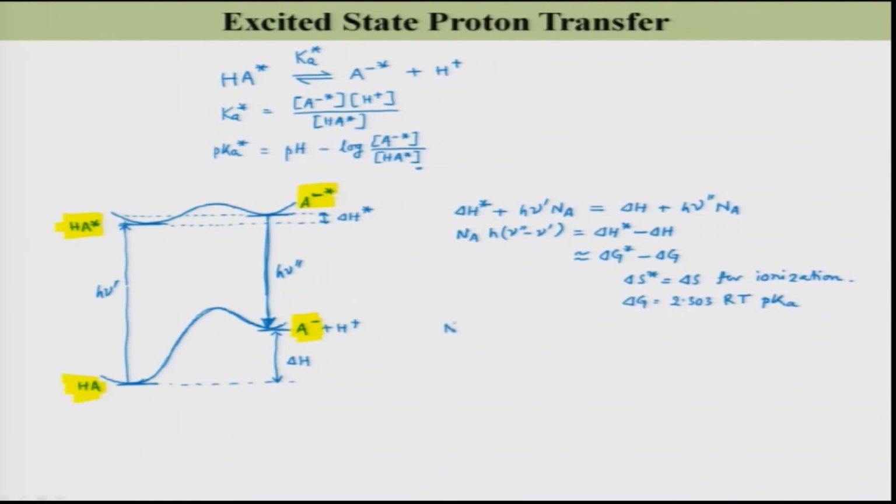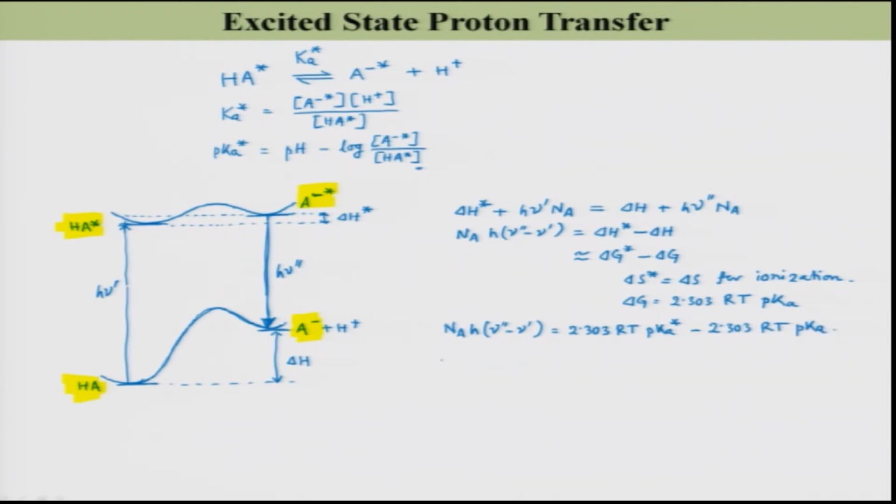So, N A H, nu double prime minus nu prime, is equal to 2.303 RT pK star, because it is in the excited state, minus 2.303 RT pK, because it is in the ground state, right.